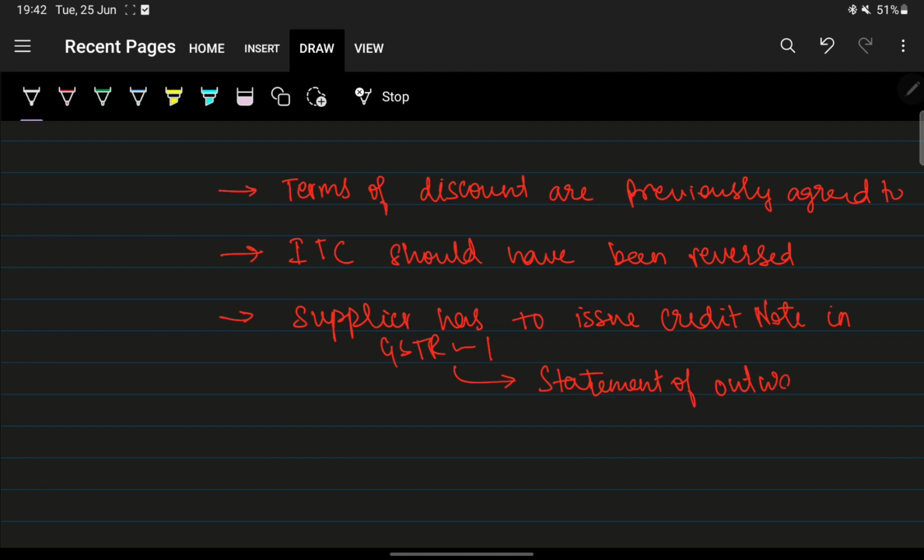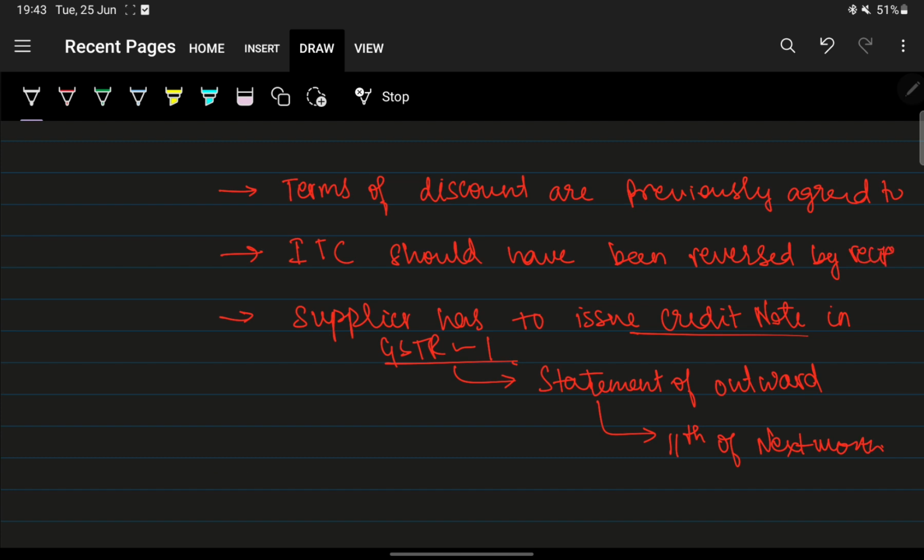And what is the due date for GSTR1 in case of regular non-composite taxpayers? It is 10th of next month. 11th of next month, right? 11th of next month. So the supplier has to generate GSTR1. He has to issue credit note in GSTR1. The ITC should have been reversed by the recipient. Okay, and the recipient has to reverse the ITC.